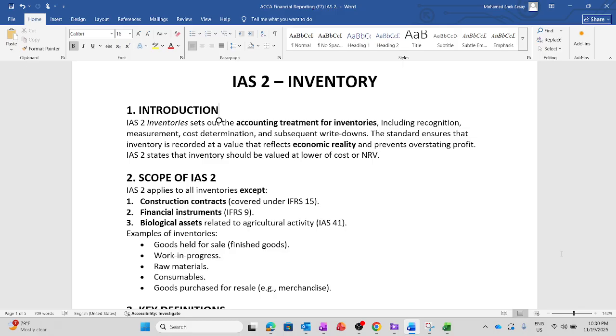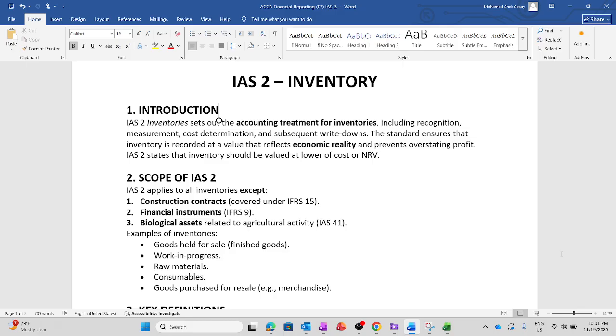Also, if we are talking about banks, for instance, the banks also do not hold goods for sale. It's very clear. The banks do not have any inventory under IAS 2 because the revenue generating streams for the banks are the loans, advances, investment securities, cash, and financial assets. These are all revenue generating streams, but we can't account for them under IAS 2 as inventory.